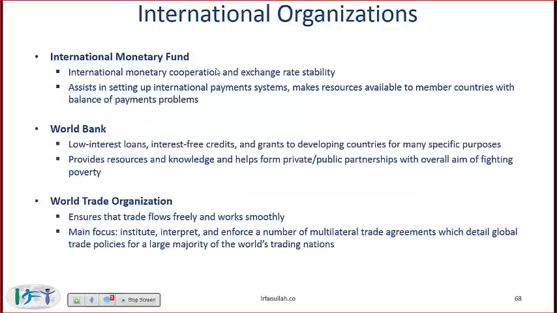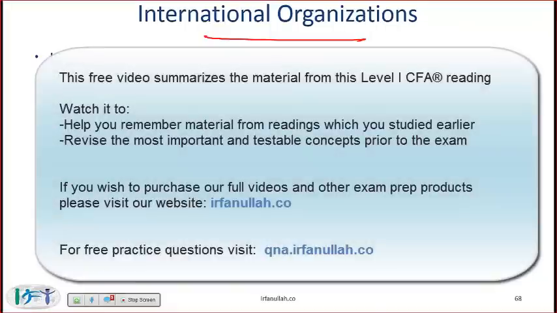The final slide here, international organizations. So the major organizations that you need to be aware of are the IMF, World Bank, and World Trade Organization. The IMF has two major points that you need to know. This takes care of international monetary cooperation and exchange rate stability, assists in setting up international payment systems, makes resources available to member countries with balance of payment problems.